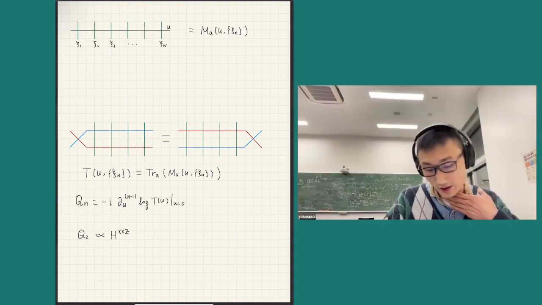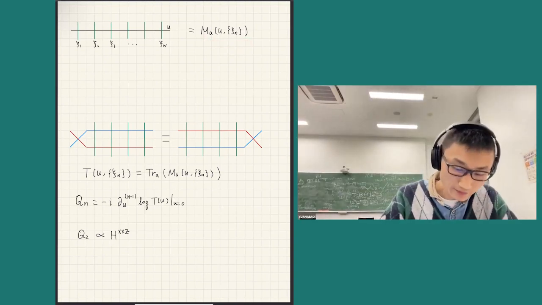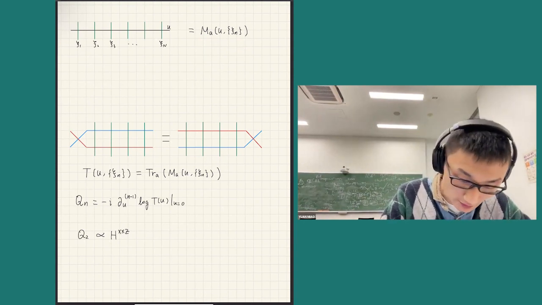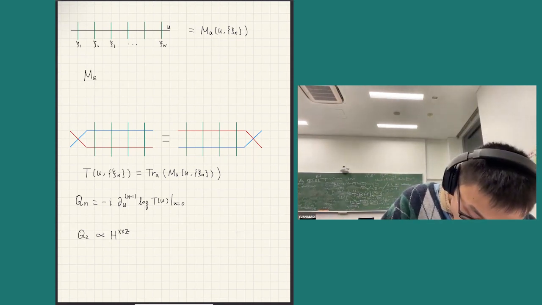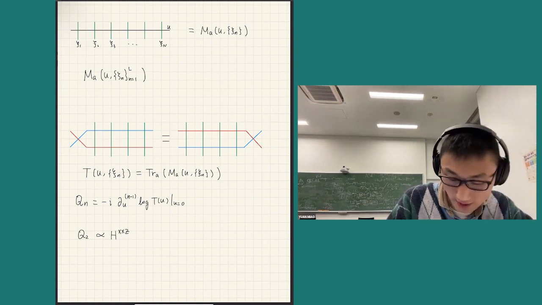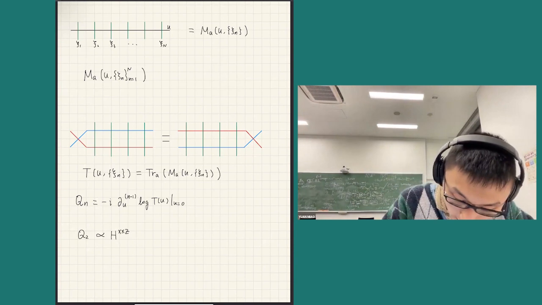Yeah, so then I would like to consider an object that's called a monodromy matrix. And monodromy matrix here, if you write it explicitly, well, this M_A(u, psi_n), where n runs from 1 to capital N, because I use L here.